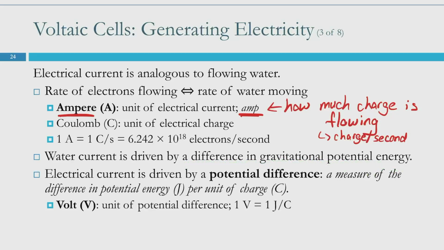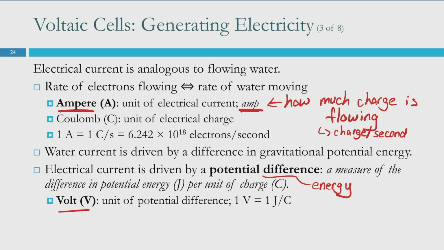So the water will flow downhill. Electrical current is driven also by a potential difference. The potential here is talking about energy, a potential energy difference. And we have a measure for potential energy difference. It's a difference in potential energy in joules per unit of charge. And our unit for that is the volt.